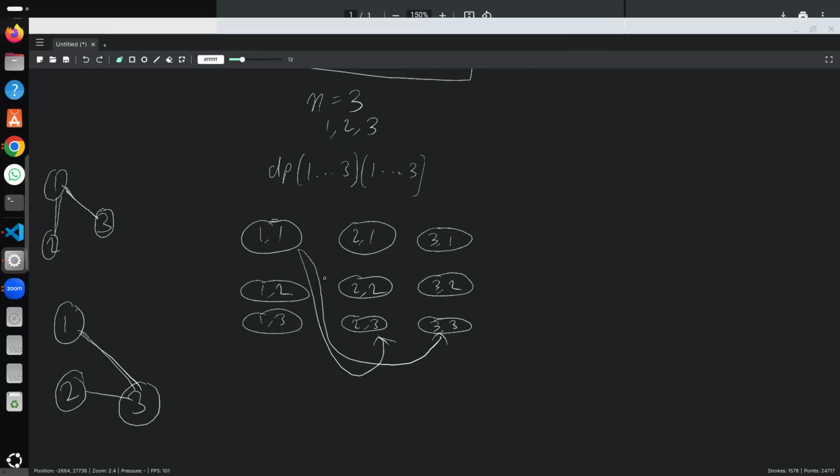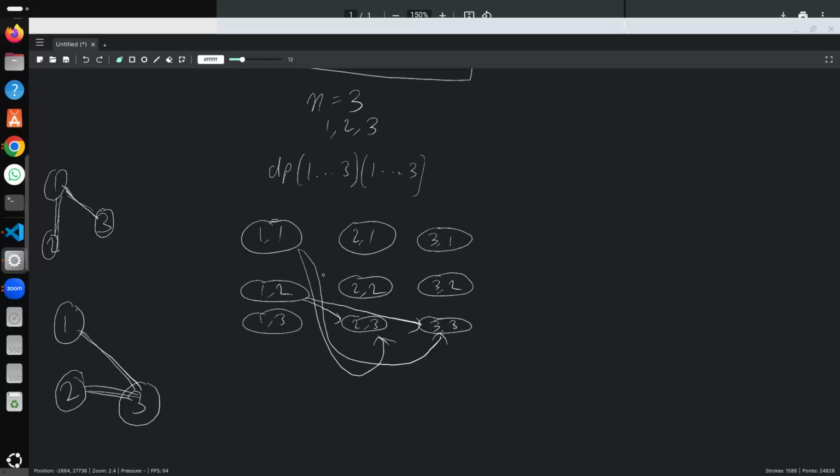Now from 1, 2, it is possible to go where? It is possible to go to 3, 3 or 2, 3. So 1, 2, 2, 2, 3, right?